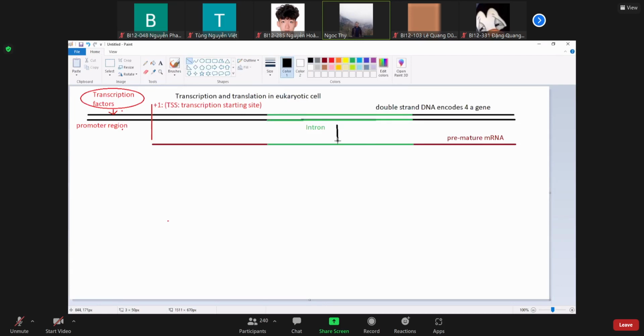So this is translation. Sorry, it's transcription.